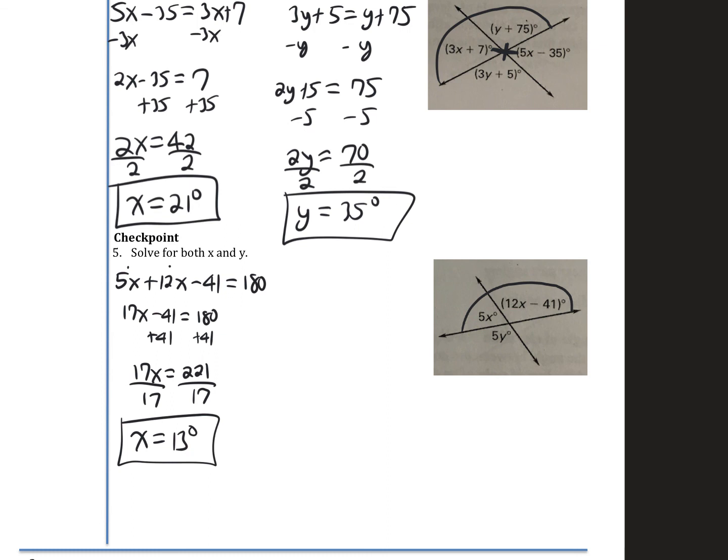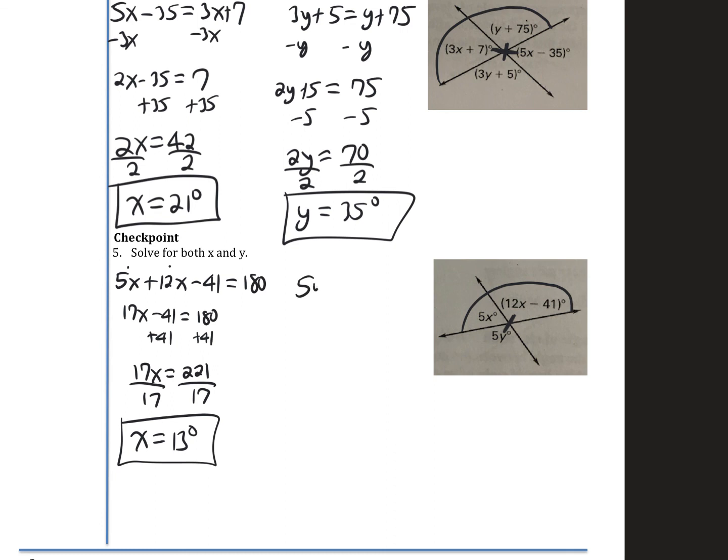Okay, so that's one of the angles, but now we have a problem here. We want to use x and y, but we have to solve for y, so we have to be a little bit tricky here. We can either use 5x and 5y and do a linear pair, or else we could do 12x minus 41 and 5y. Let's do these two because I like setting things equal.